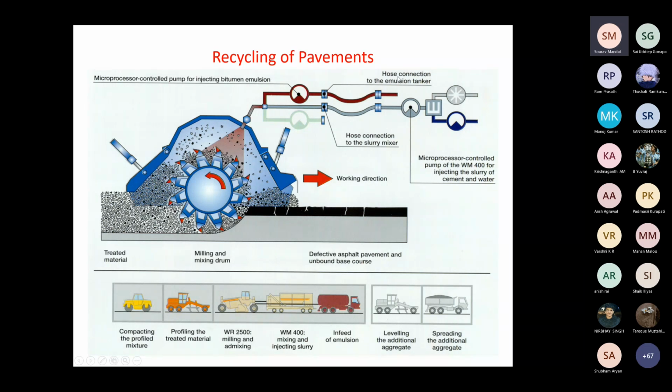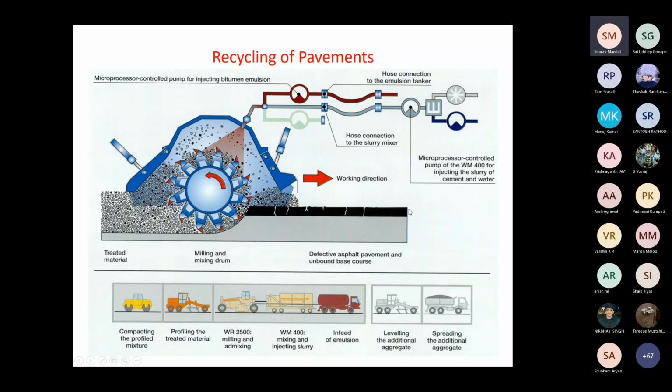emulsion there. Then the microprocessor or control pump of the WM400 injects the slurry of cement and water. So you are injecting the new material into it, bitumen and new material. It is just mixed along with the old material, and then laid in the field itself.